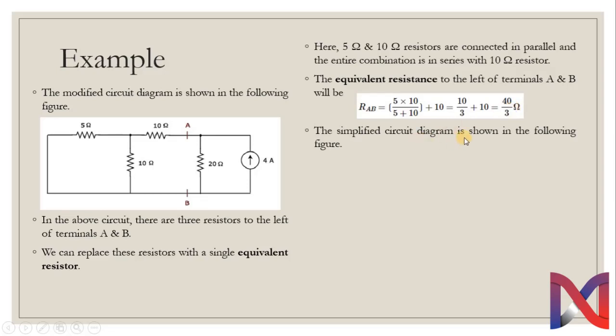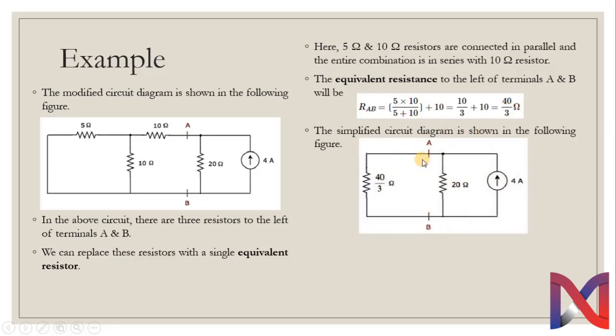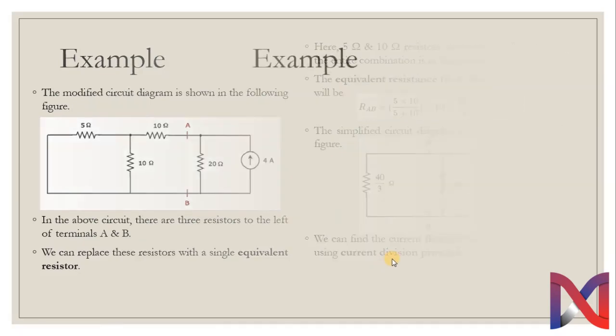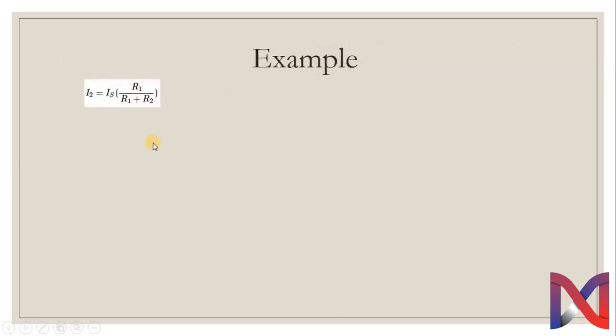So the simplified circuit diagram is shown as follows. We have a 13.33 ohm resistor connected to the 20 ohm branch and with a current source. Now we can find the current flowing through the 20 ohm resistor by using the current divider rule. Current divider rule states that total current multiplied by Rn divided by R equivalent.